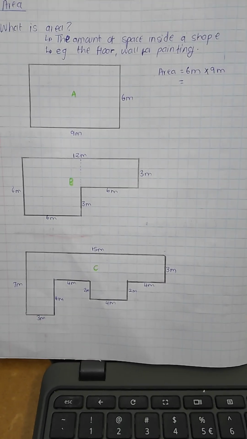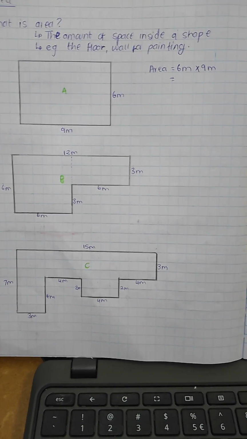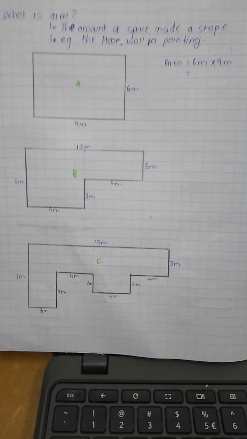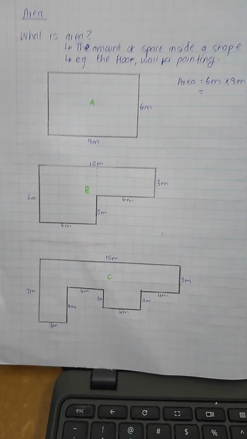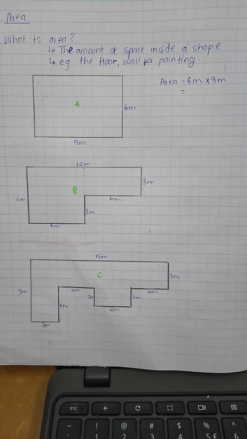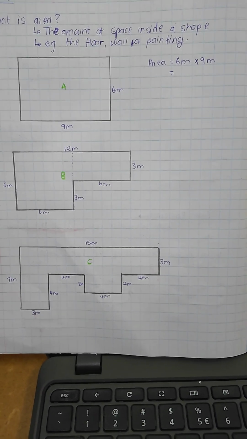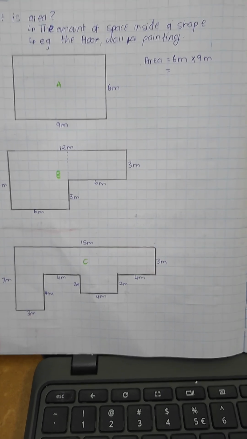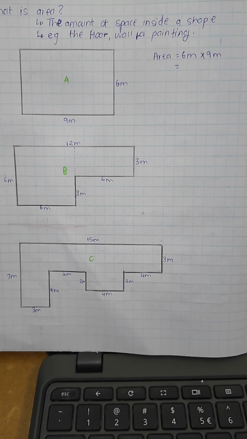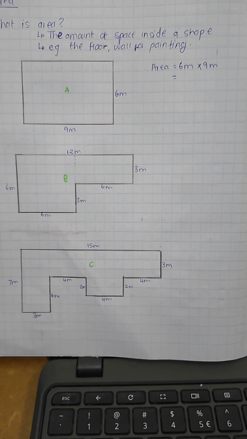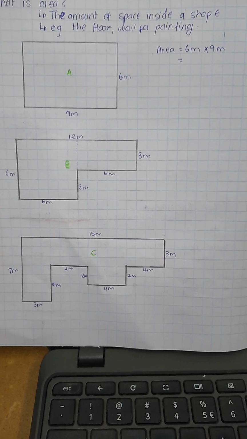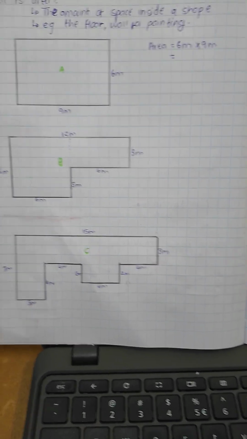So area is used mostly when they install tiles, they measure for area. You will see the person installing the tiles making some measurements with a tape and then multiplying. Those measurements are to calculate the amount of space, right?